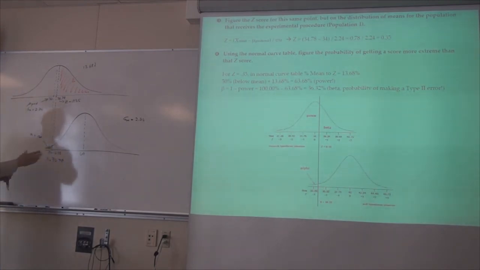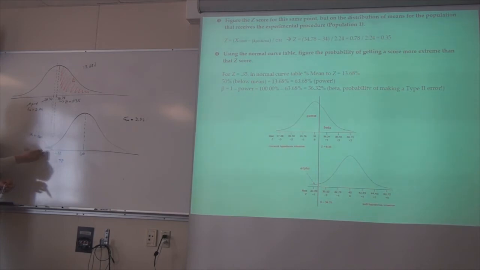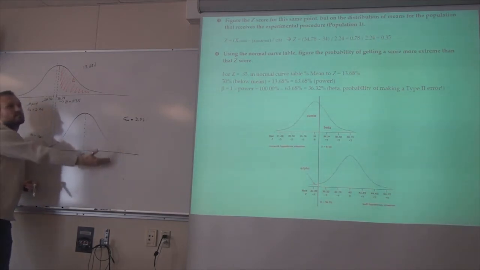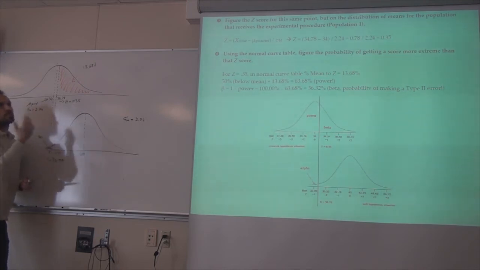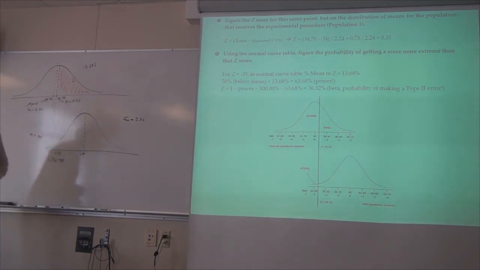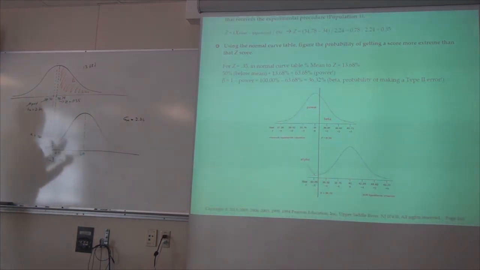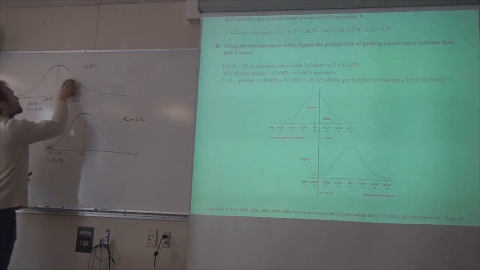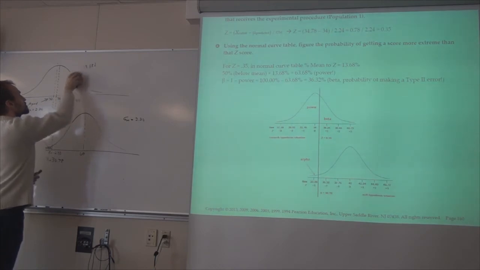Because I'm going to reject to the left of this cutoff, and I'm not going to reject to the right. Oh, no, you're right, because it's swapped around. It's the left side, so my red's wrong. Sorry. Let's just talk through this again.